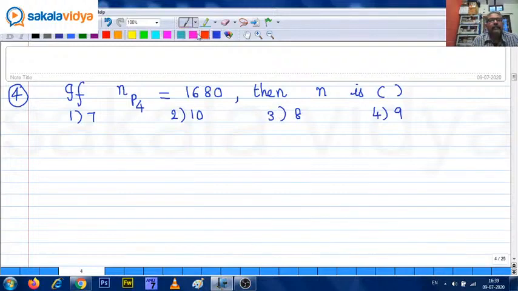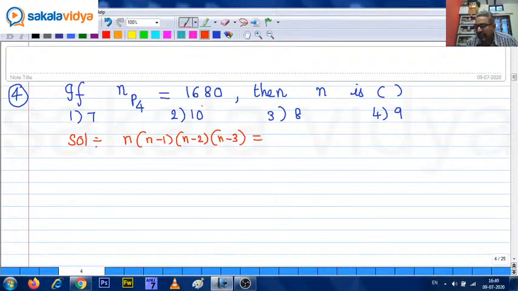Right. Now see, nP4 can be written like this. Four places are being filled with n objects without repetition. That can be done n, n-1, n-2, n-3 ways. Next, 1680 should be written as the product of 4 consecutive numbers. See, 10 into 168 we can write first.